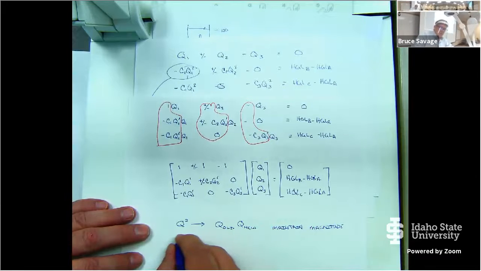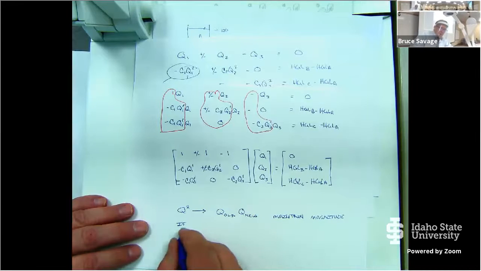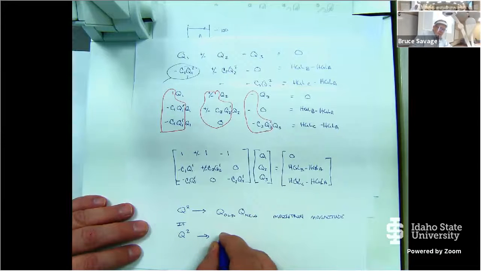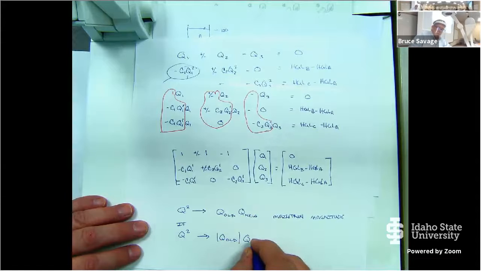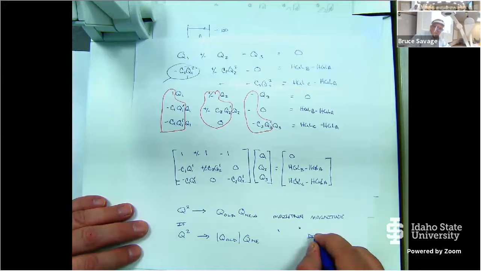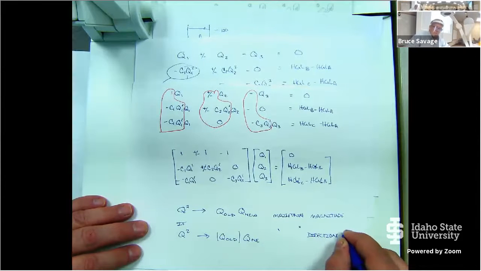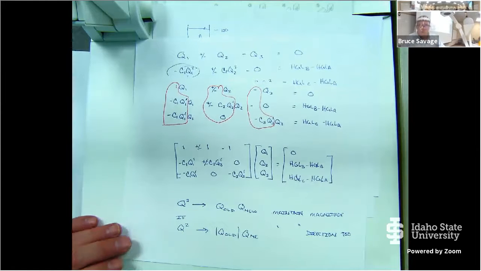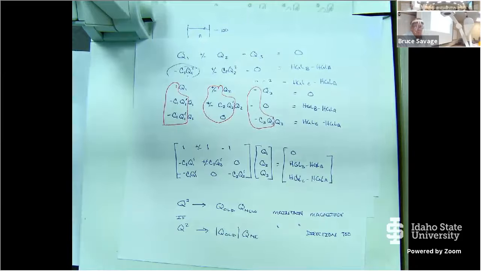But if I go q squared and I let that become the absolute value of q old times q new, now I have maintained direction too. By placing the absolute value on that, I have maintained the direction that my solution gives me.